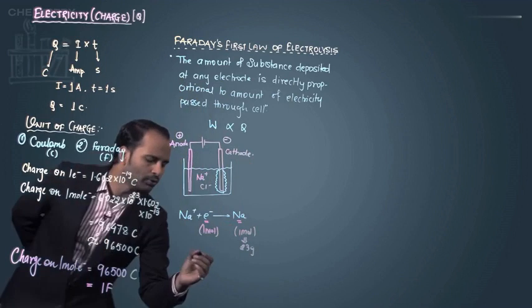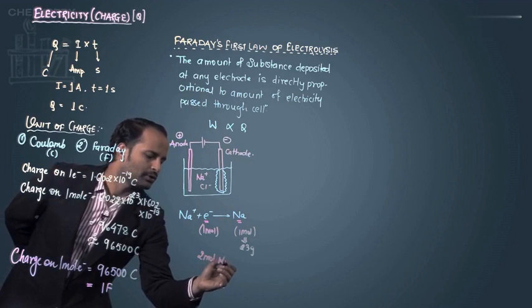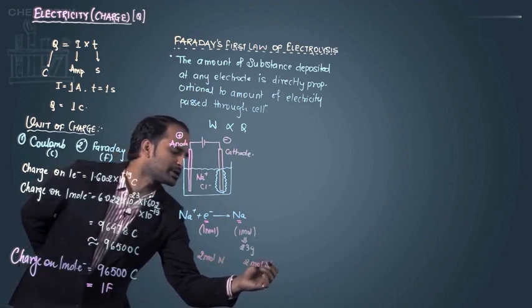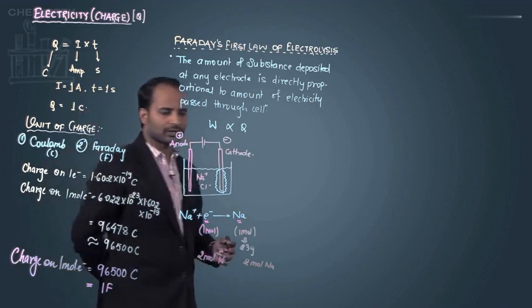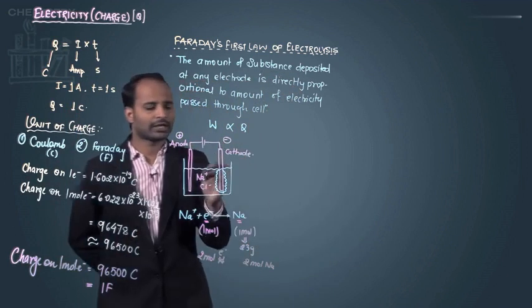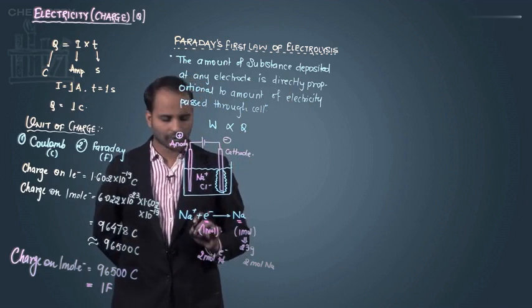If 2 moles of sodium are deposited, then for the deposition of 2 moles of sodium, 2 moles of electrons are required. So if I am passing 2 moles of electrons, then 2 moles of sodium will deposit, that is 46 grams of sodium.